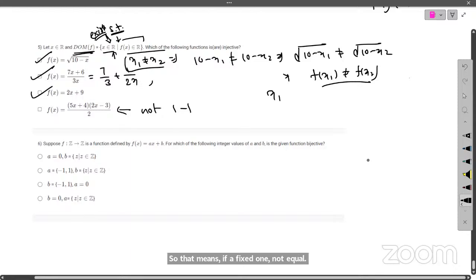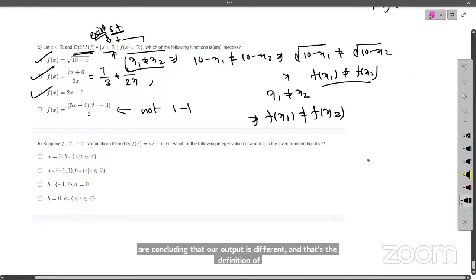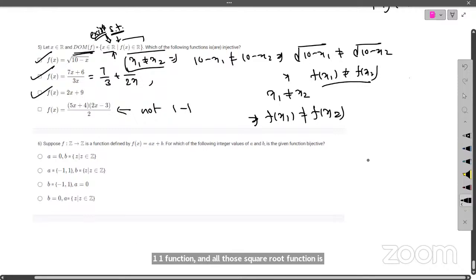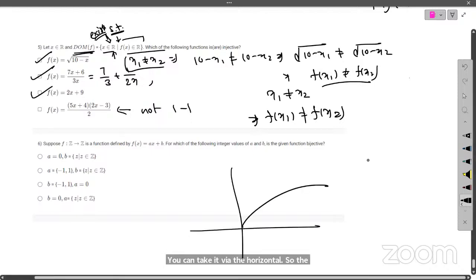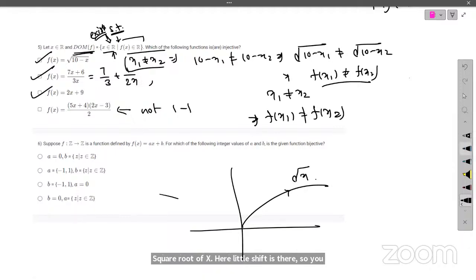We show that if we take a different input, our output is different, and that's the definition of a one-one function. The square root function is injective, and you can check it via the horizontal line test on the graph also. This is the graph of the square root of x. A little shift is there, so you can just adjust that.